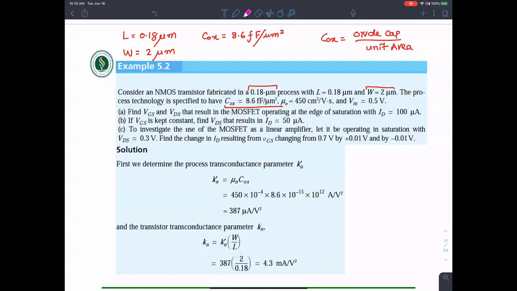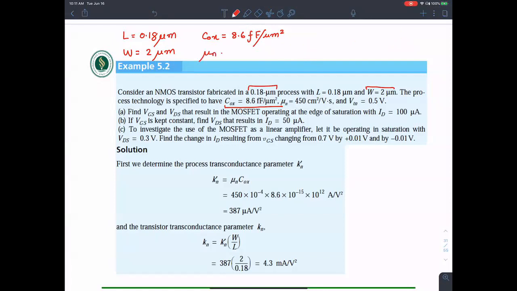When you're converting it to meters or centimeters, you have to be careful to convert this micrometer square to what it really means, which is 10 to the negative 6 meter whole squared. So you want to make sure you take into account that 10 to the negative 12. So this is oxide capacitance per unit area.